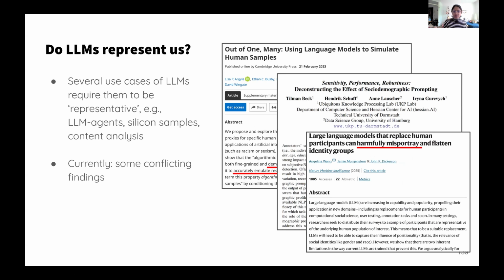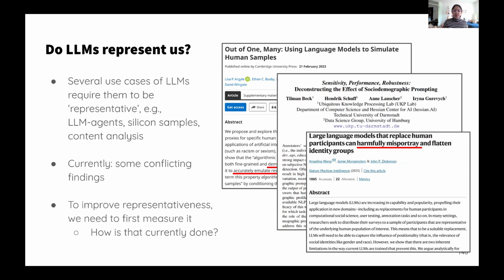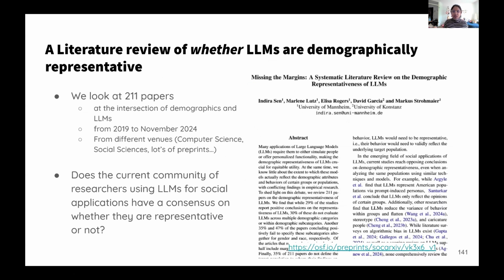For example, there is this recent paper that says that LLMs misportray people, particularly underrepresented groups. And so here there are many questions of how do we even evaluate whether an LLM is representative or not, and how that's currently done.